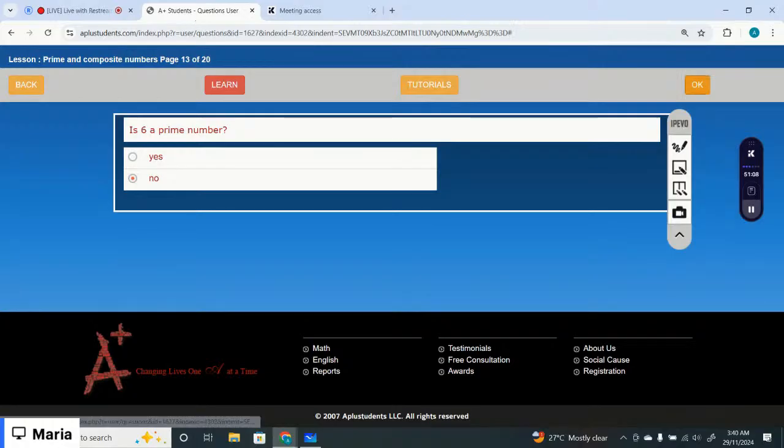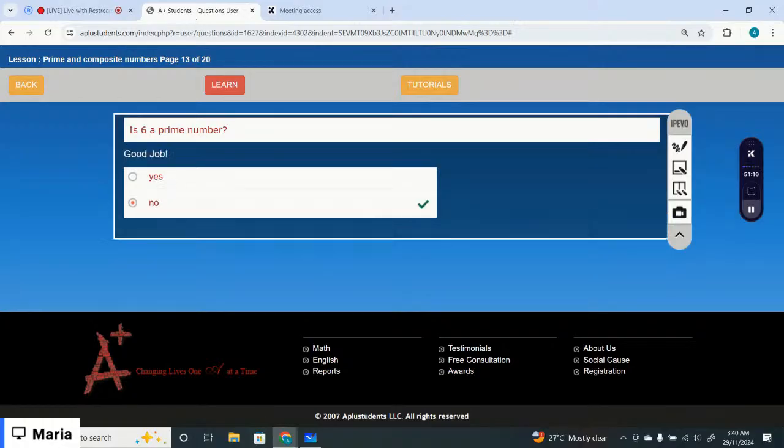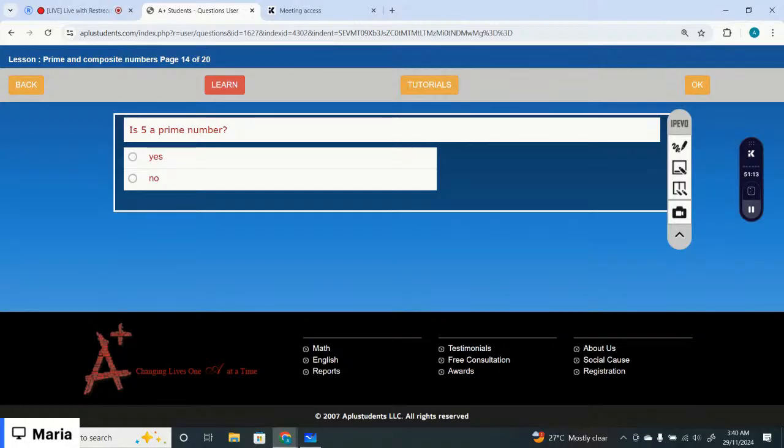No, 6 is not a prime number. Is 5 a prime number? Yes, it is. Okay, you can complete the lesson by yourself later today.